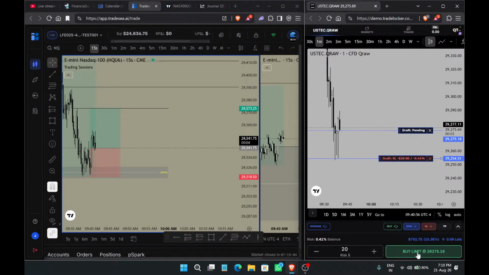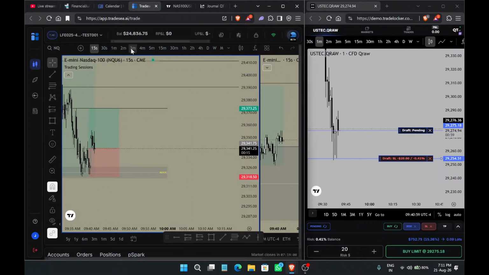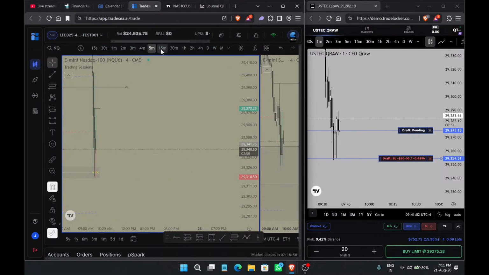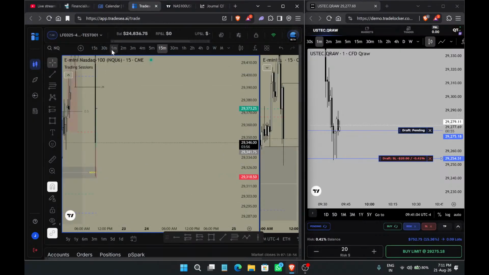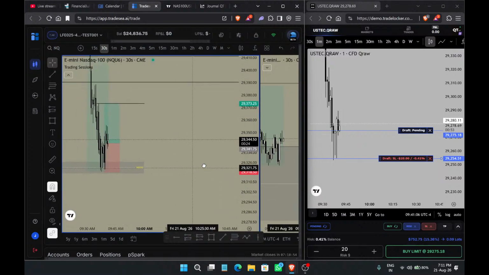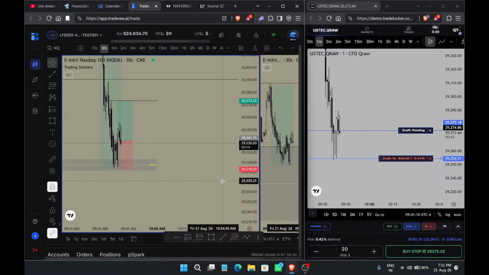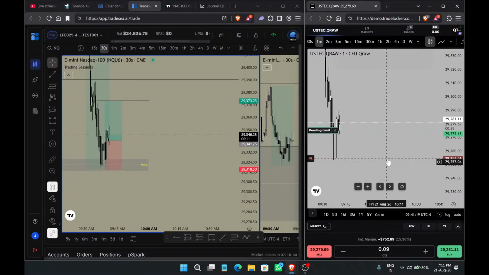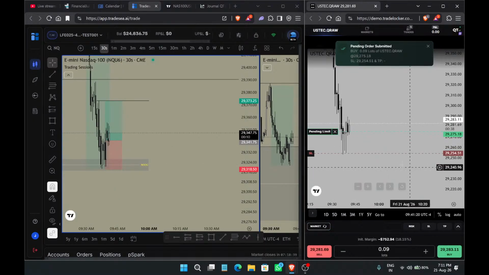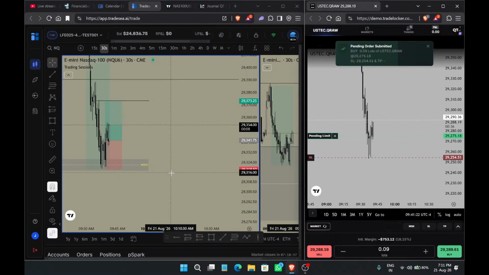Buy. I mean, instead of a 3 minute, obviously risky, but I think it's worth a shot. Oh, you have a lot ready from this period. We didn't have a close placed.